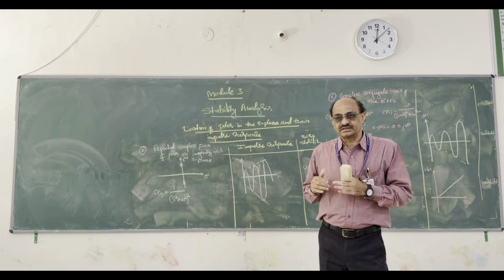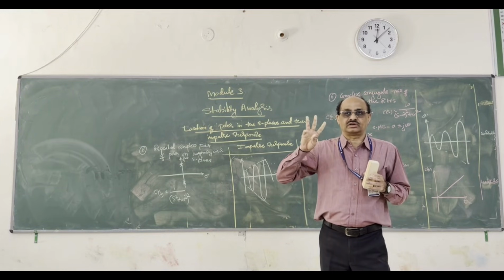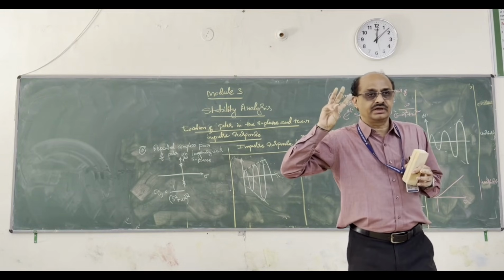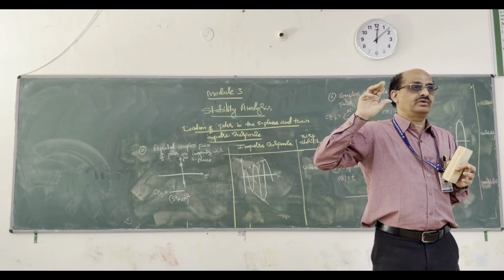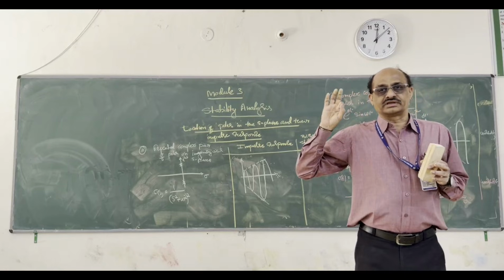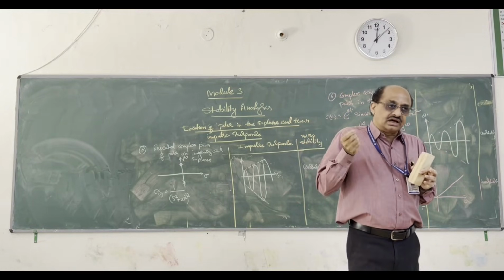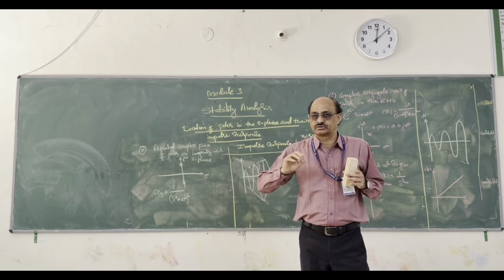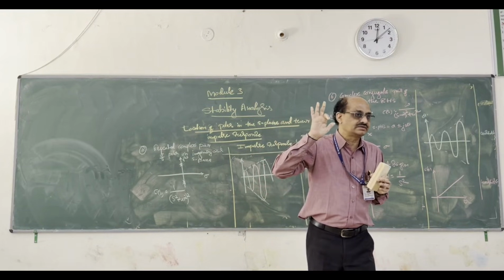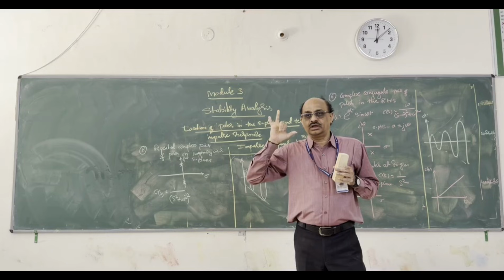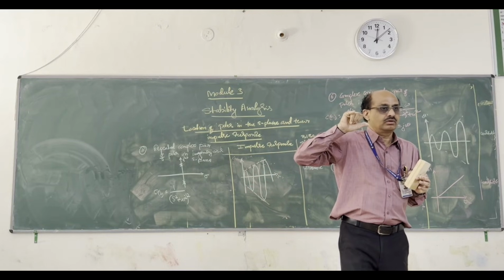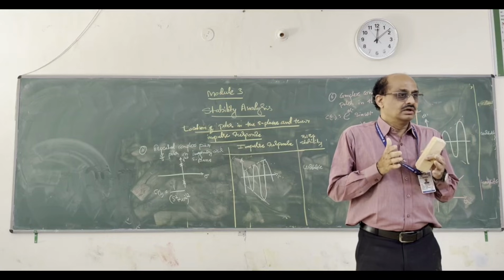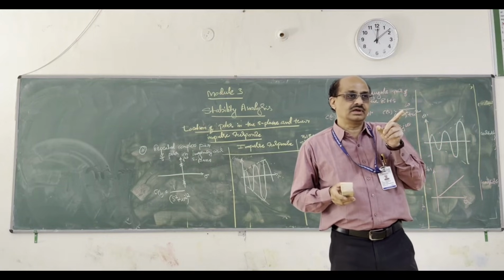Clearly we can categorize: we have talked about three types of stability, stable, marginally stable, and unstable, based on the location of the poles.